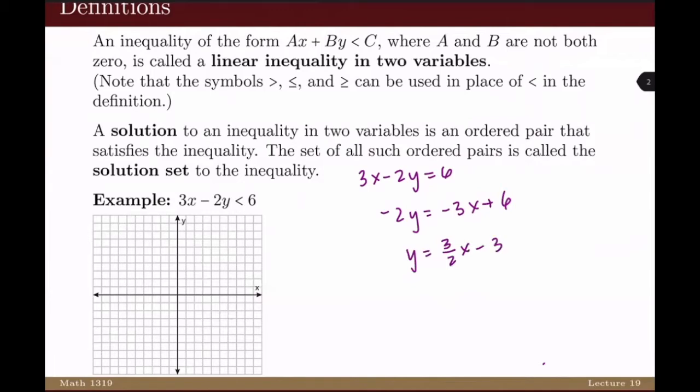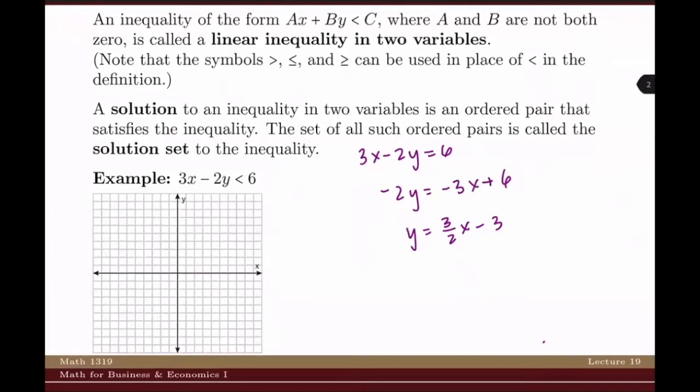All right, so first I'm going to draw this line. I've got my y-intercept at negative 3, and my slope is 3 halves. The next thing that we want to look at before we draw the line is to see if it's less than or if it's less than or equal to.